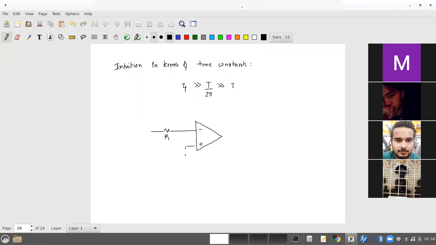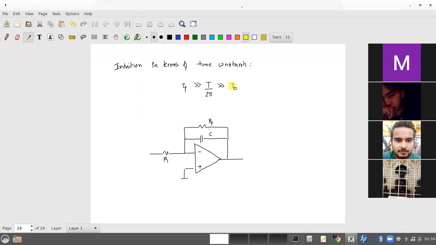I have my R there, a capacitor, and a resistor in parallel. That's my circuit, right? RP, C, and R. What is tau, the time constant for? Tau is the time constant for this resistor and that capacitor. So it is the time constant to charge the capacitor.